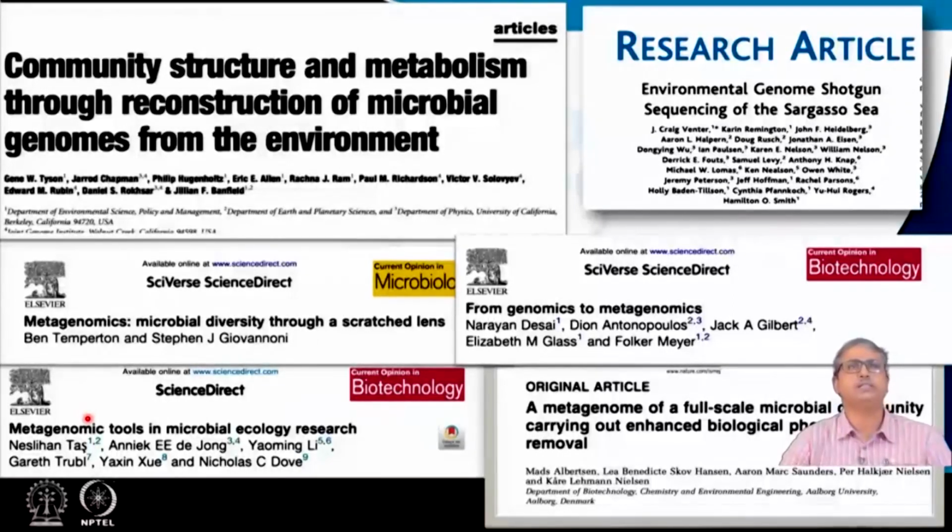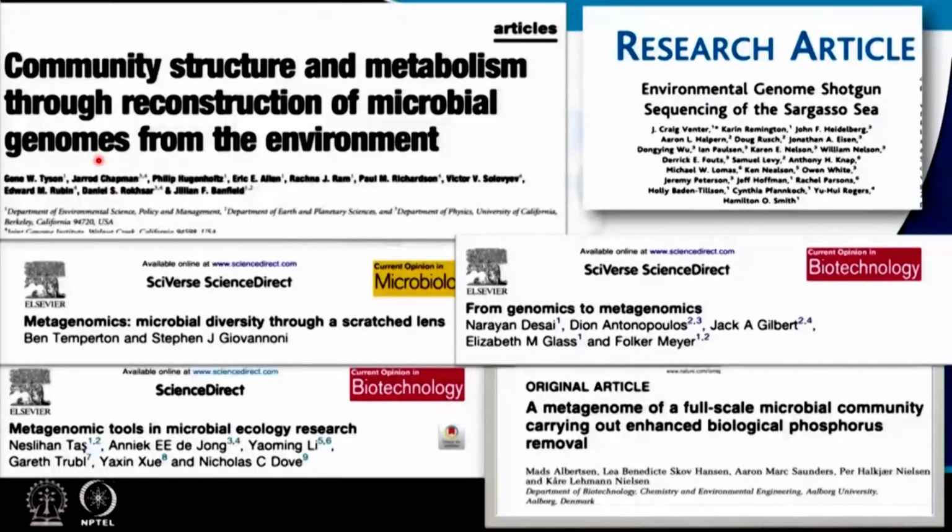So, here I present some of the very important research papers which are found to be path breaking research, I will say. The first paper in the left corner is by Tyson et al.